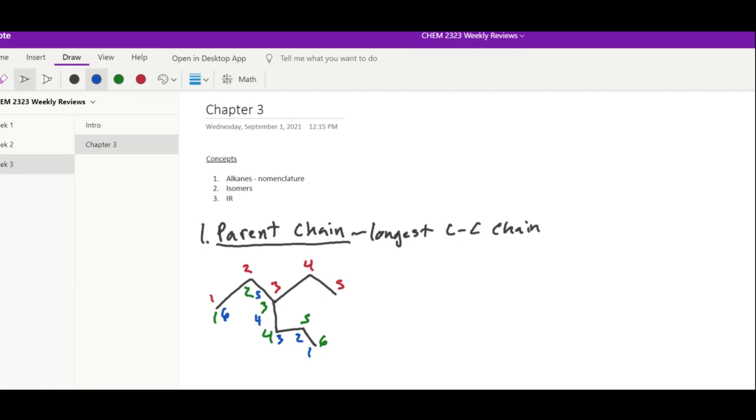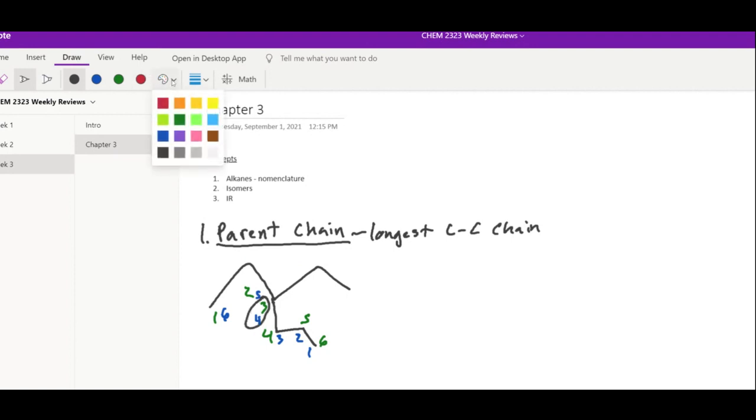So notice the difference is between 3 and 4. Let's ignore the red markings for now; I'll rewrite that. We have the green and the blue, and the only difference is this right here. Once you found your chain, you're going to circle your substituent.